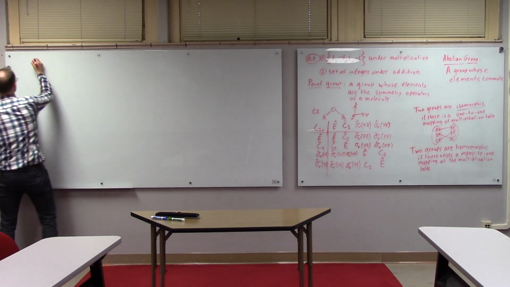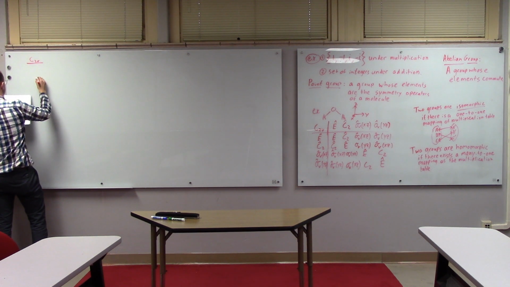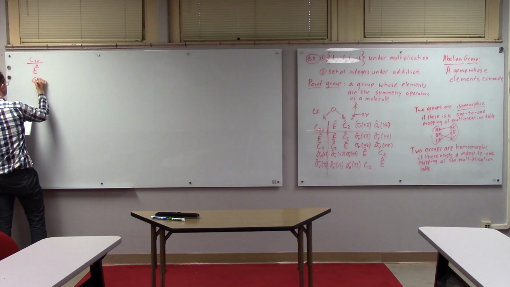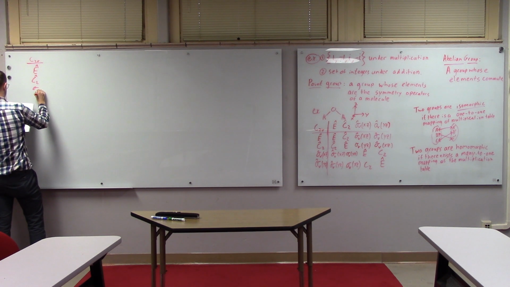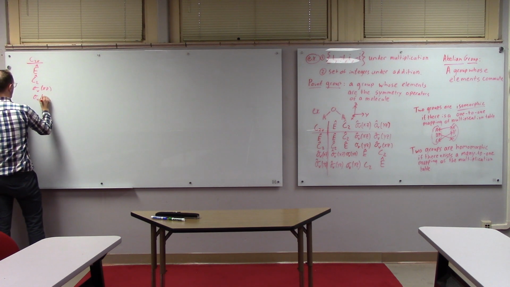Okay, so the C2V group contains the elements E, C2, sigma V XZ, and sigma V YZ.